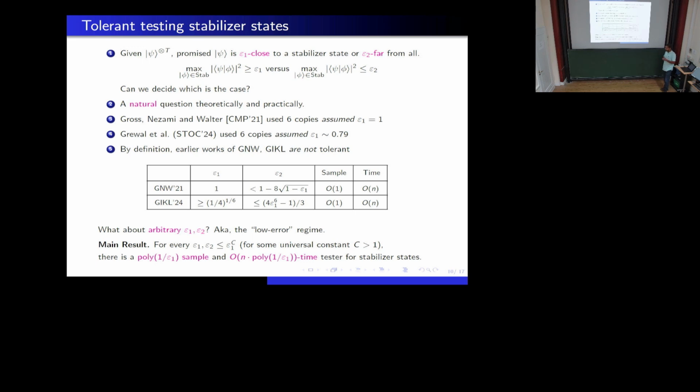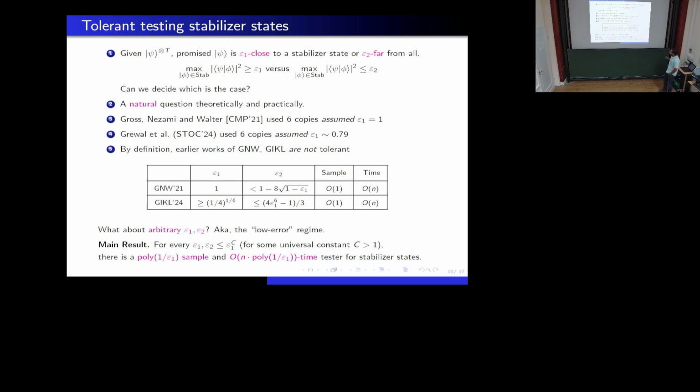But if I know it's only close to a stabilizer state, I don't know how the characteristic distribution is going to behave. The characteristic distribution could not at all be a good proxy for how close you are to a stabilizer state or not. So the point is, if you're close, I need an estimator that, if large, would mean that you're close to a stabilizer state. We don't have such an estimator, both the estimators that GNW and Grewal et al.